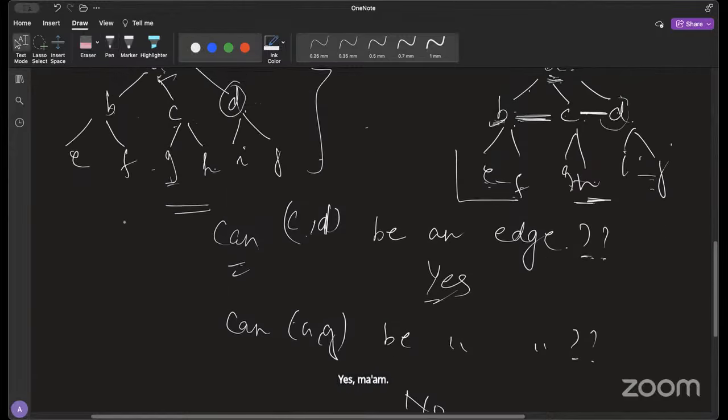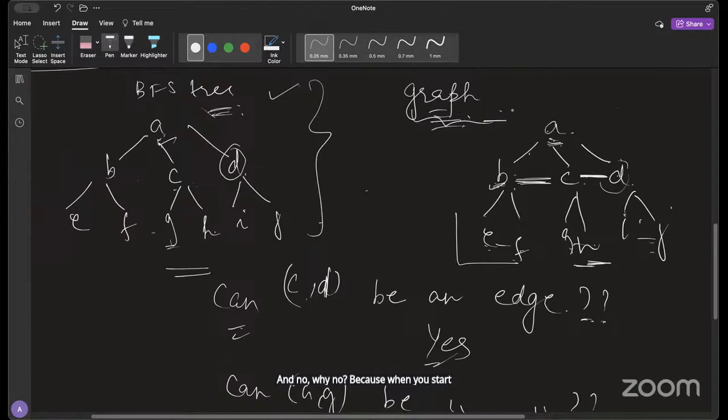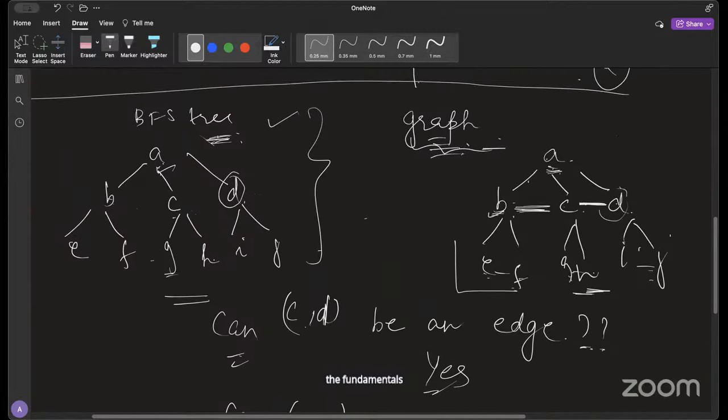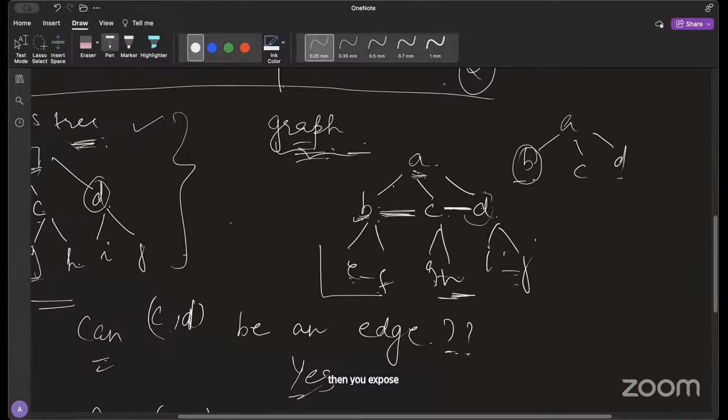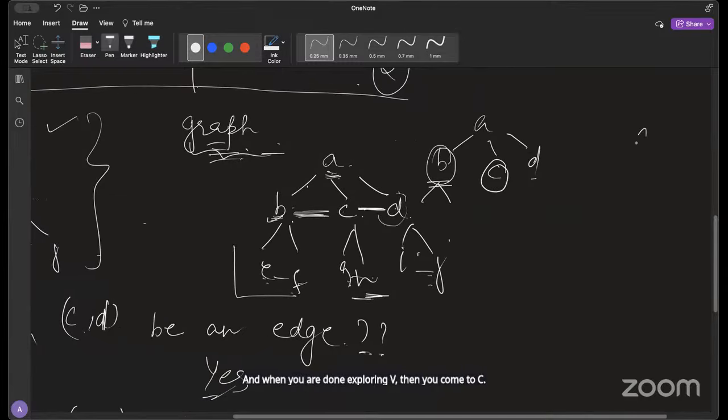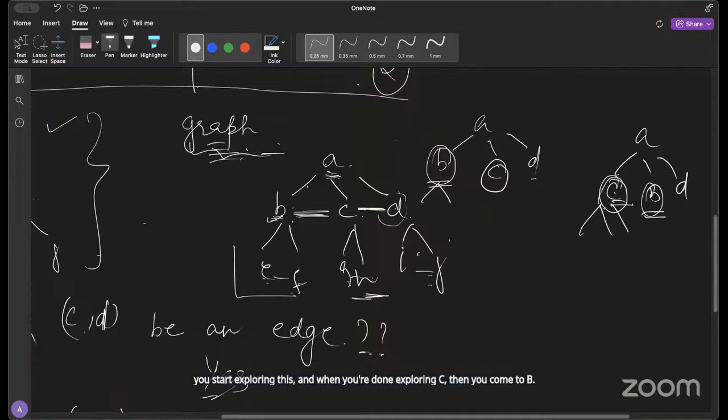Why no? Because the fundamentals of making a BFS tree is you write the starting vertex, then you write all the vertices directly connected to it, and then you start with the first one. If you have written B, C, D, then you start exploring B, and when you are done exploring B, then you come to C. If you've written C, B, D, then you start exploring C, and when you're done exploring C, then you come to B. So it depends on what you've written first.